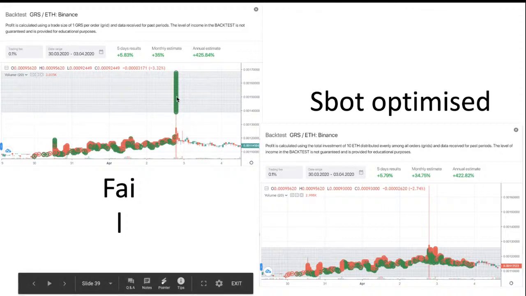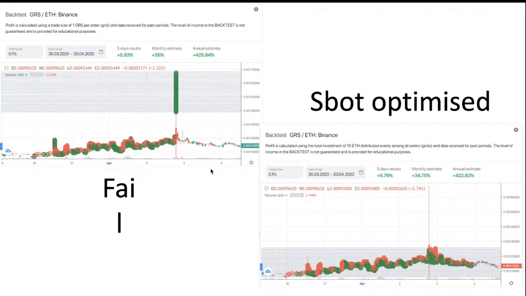avoids extreme pump situations, because otherwise, like in this case, on the left side there is a chart here.